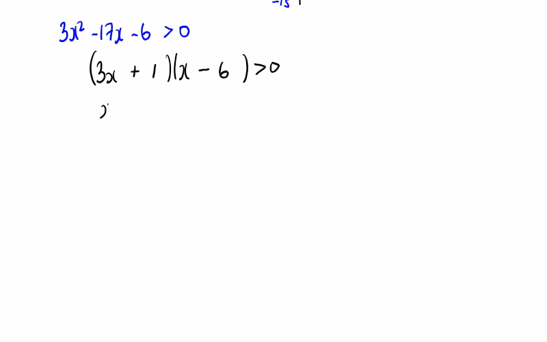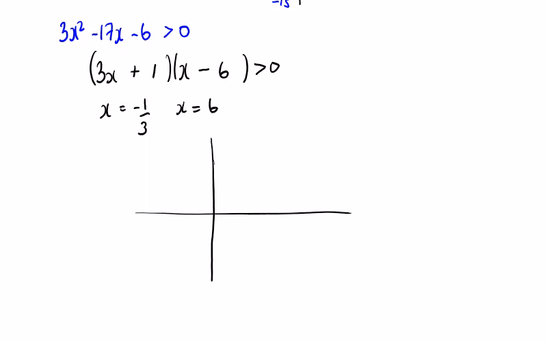So my solutions are x is equal to minus 1 over 3 and x is equal to 6. And if we sketch this, where does it cross the y-axis? Minus 6. So minus 1 over 3, 6. May as well put our y value on, minus 6.